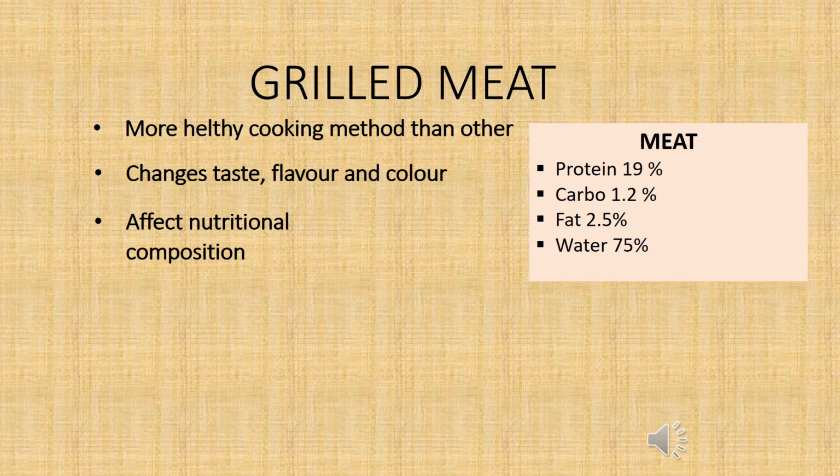Then, during grilling, it will change the taste, flavor, and color of the meat. It will also affect the nutritional composition of the meat. It will change all the nutritional compositions of the meat.